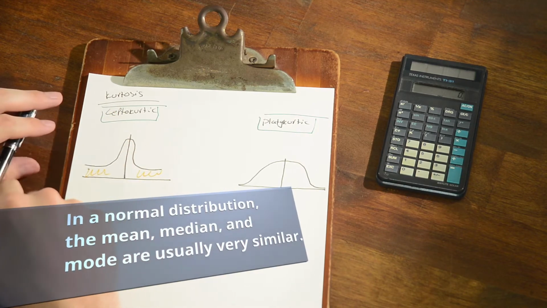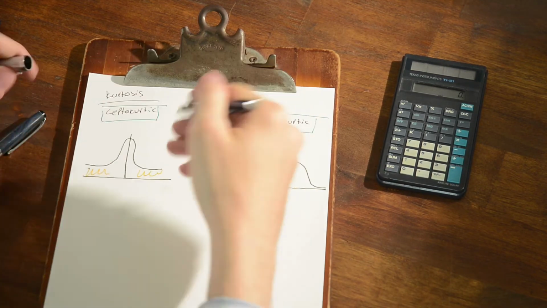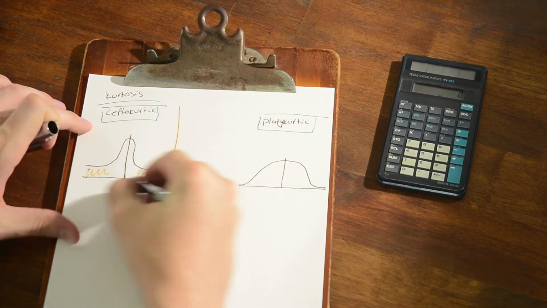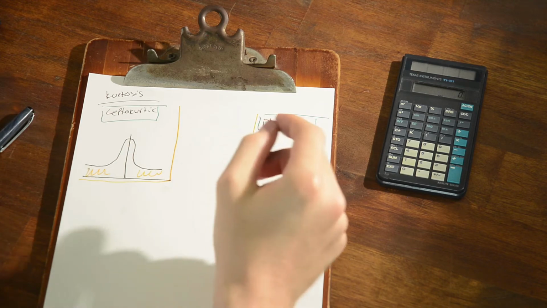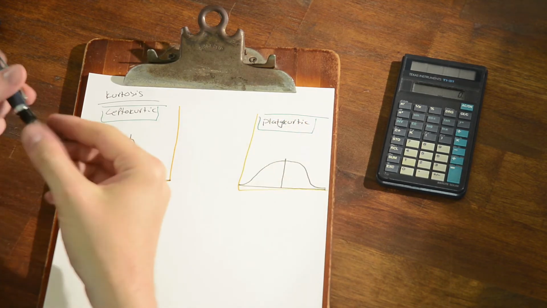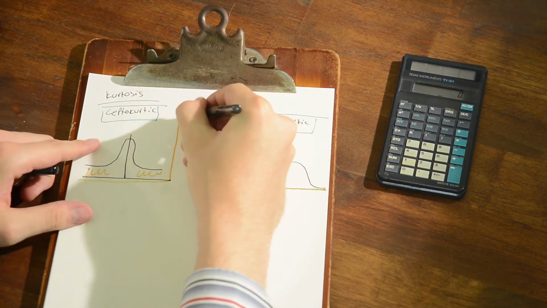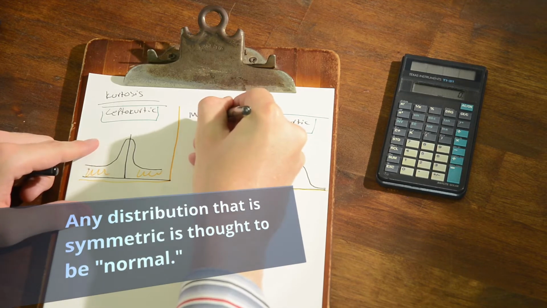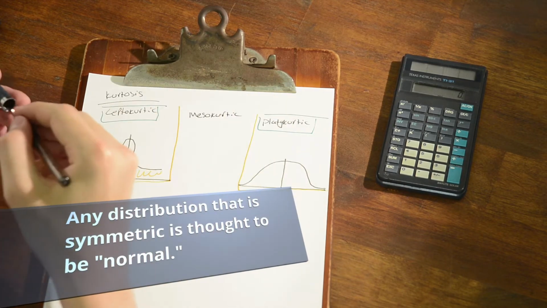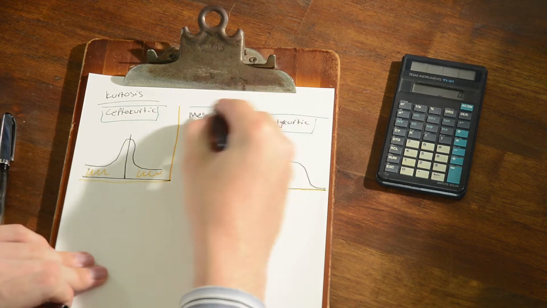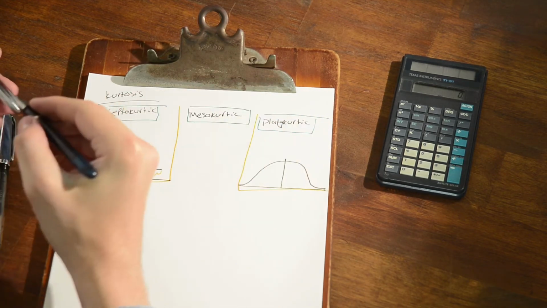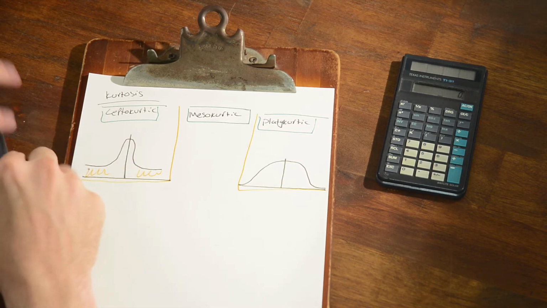Now, we have one other type of distribution. We call it a mesokurtic distribution. This falls in between our other distributions of leptokurtic and platykurtic in that it shares some of the attributes of both.